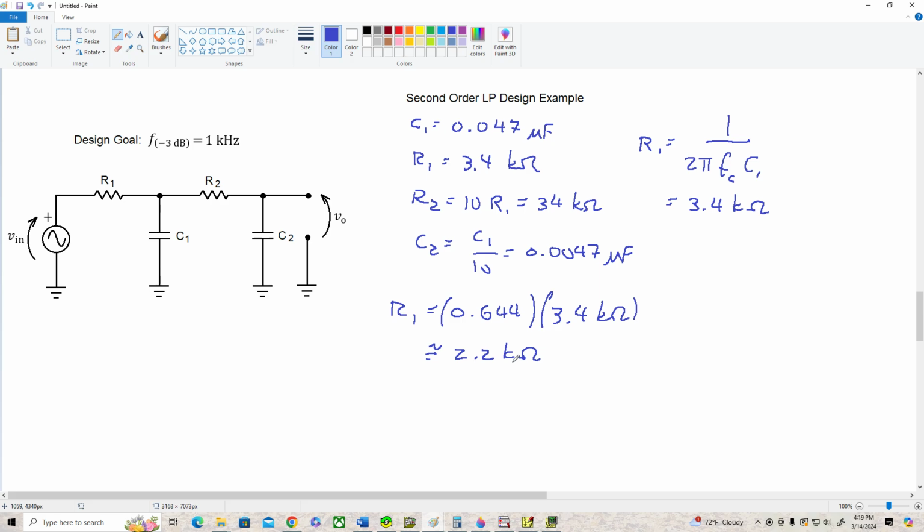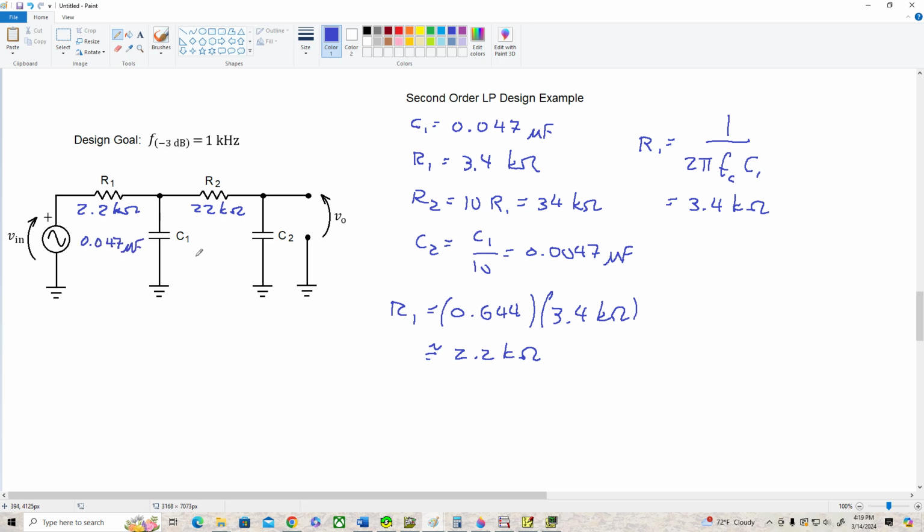And that means my actual components for this circuit are going to be R1 is equal to 2.2 k ohms. R2 is 10 times that, or 22 k ohms. C1 is still 0.047 microfarads.